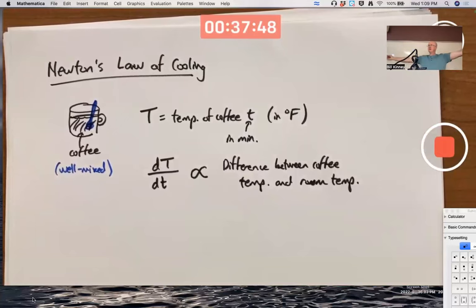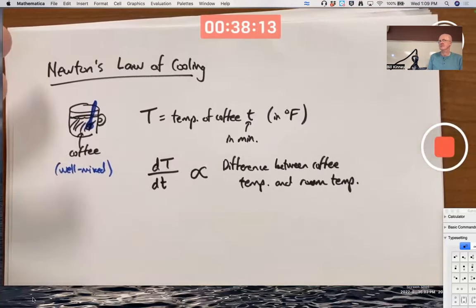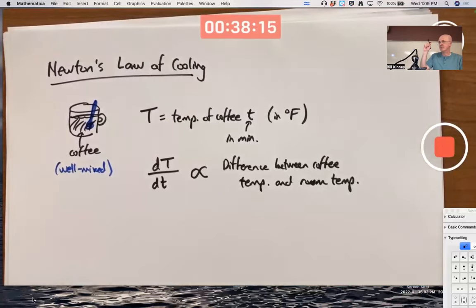The bigger the difference, if the coffee starts out really, really hot, and hopefully doesn't boil away, maybe you got it inside a covered mug, but it's 500 degrees or something. Of course, if it's in a covered mug, it's going to cool very slowly. That difference is bigger, the rate of change is going to be bigger, in absolute value at least. If it's small, if it's almost room temperature, it's not going to change very fast.